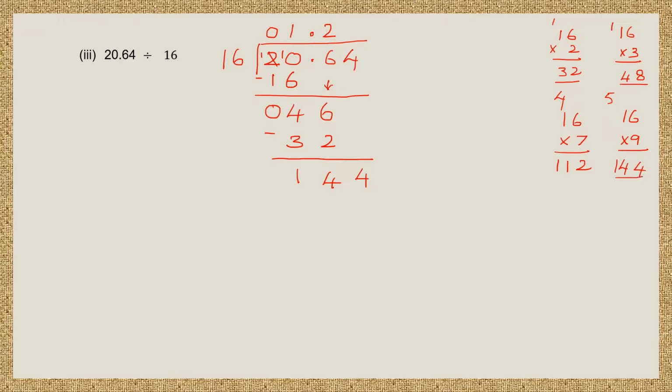So I have got the same number, 144. So 16 nines are 144, minus. I've got my remainder. Now my final answer is 1.29. So that's my final answer.